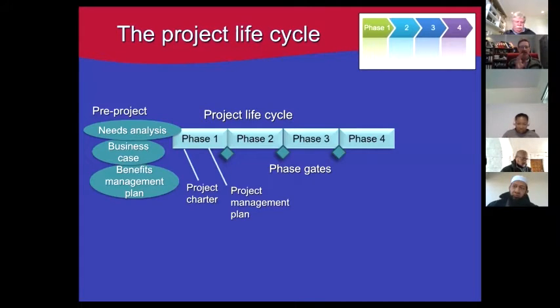You select the processes you need, because there are 49 processes in total that fit into initiation, planning, execution, monitoring and control, and closure. In those 5 process groups, there are actually 49 processes. And tailoring is selecting the ones you need, and also even digging down further. And in a particular process, you have different tools and techniques.